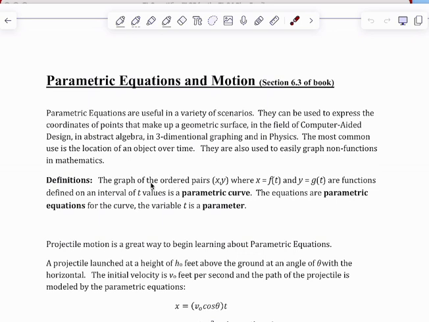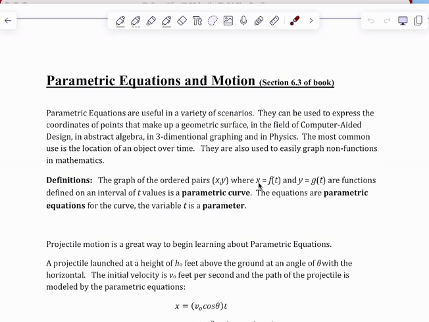So I wrote the definition of conics, and I said the graph of the ordered pairs (x, y), so we're still going to be on the xy plane. We're not going to be on a new plane like we did with polar. Here, x equals f of t and y equals g of t.